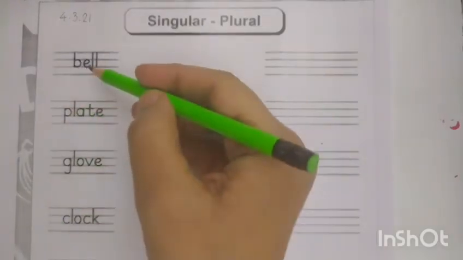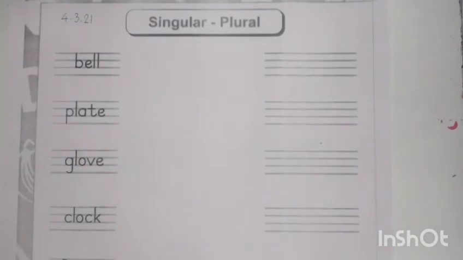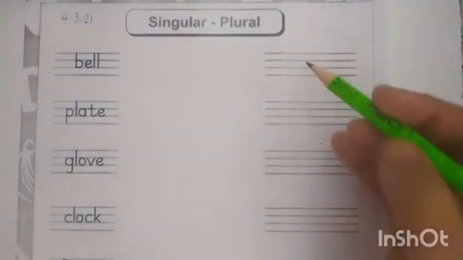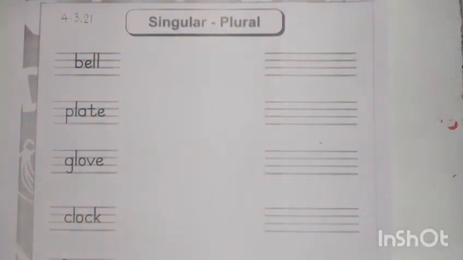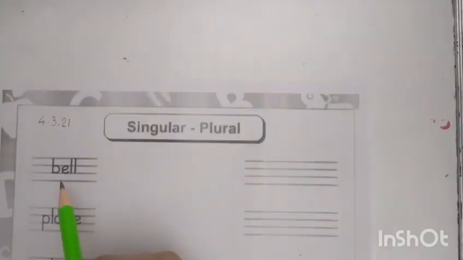Children, on this side, all the singular words are given and we have to write their plurals. So let's start. The first word, B-E-L-L, bell. This is singular. So what will be the plural of bell? Yes, plural of bell will be bells.